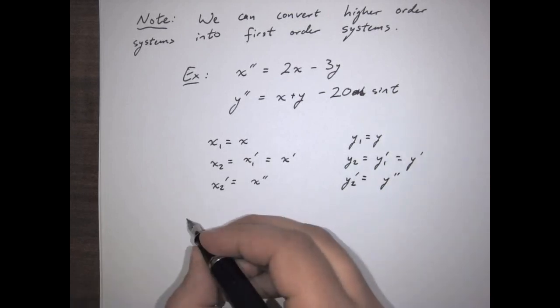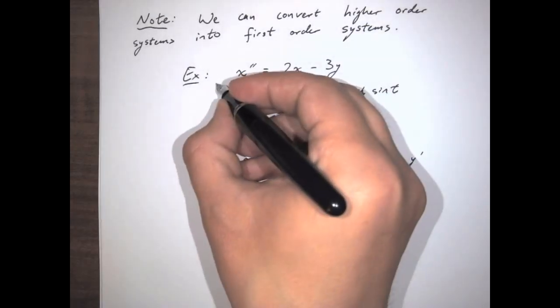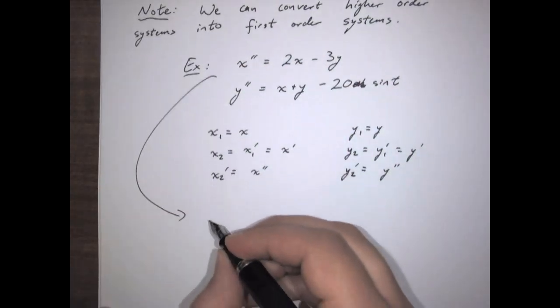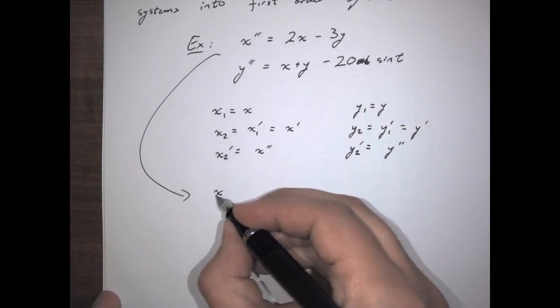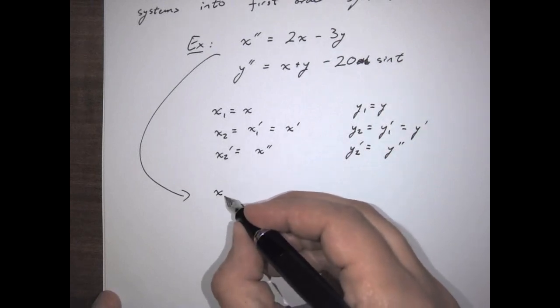Which then means that if we take our original system, we can expand that out into a bigger system by changing the x prime and x double prime into x1 and x2 and x2 prime.